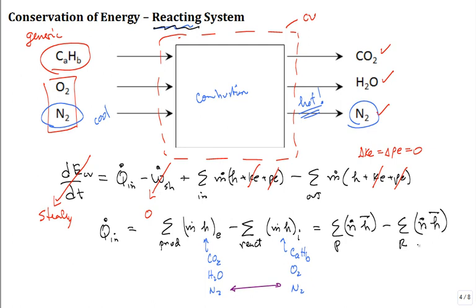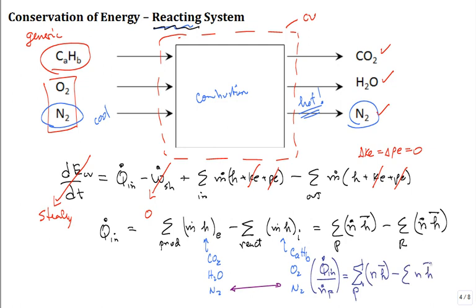All right, the one other little step that I left out, let me do it right now. We'll do Q dot in divided by the molar flow rate of the fuel. So we'll put everything on a molar flow rate of the fuel basis. That will give us the sum over all the products, and then there'll be an N without an N dot, H bar for all the products, minus the sum of N without a dot, H bar for all of the reactants.